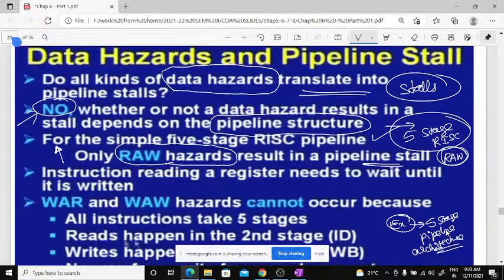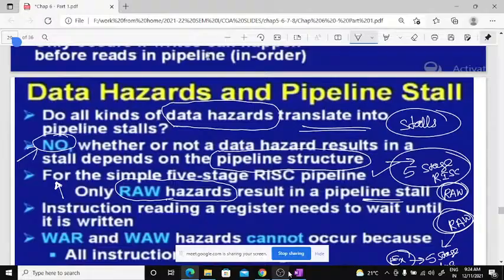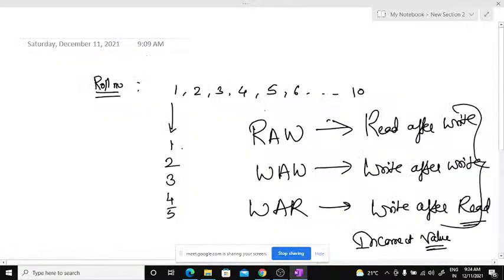So for this 5-stage pipeline, it is the RAW, read after write, type of hazard that results in the pipeline stalling. Only the RAW type of hazard. An instruction reading a register needs to wait until it is written. RAW means it has to wait till it writes.